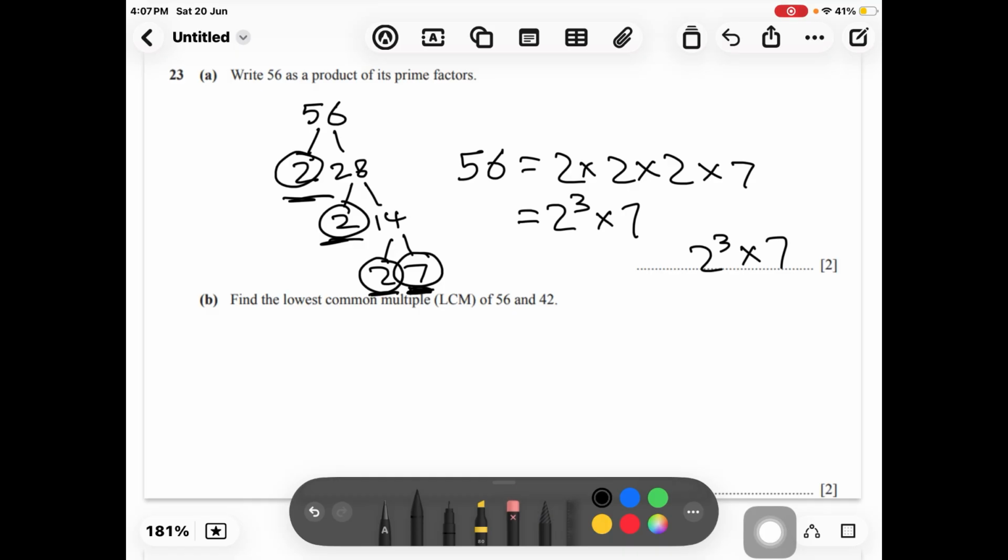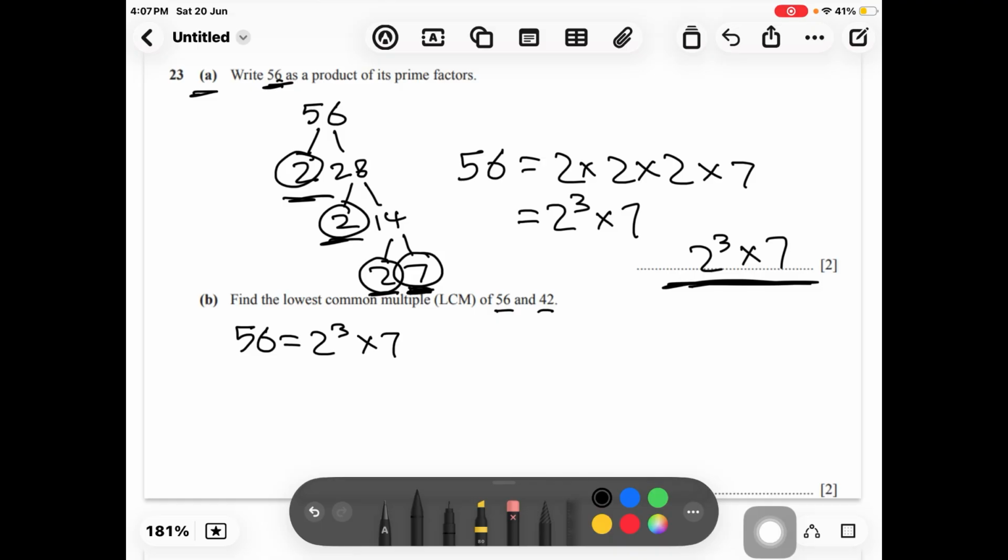And next question, 23b. Find the lowest common multiple, or LCM, of 56 and 42. Now to find the LCM of a number, the simplest way is to write both of the numbers as a product of their prime factors. As in part A, we already got 56 as a product of its prime factors, so we'll just write it down.